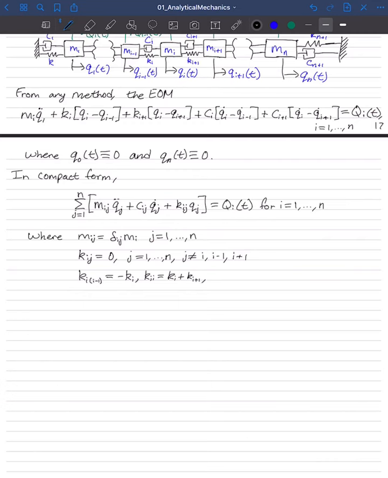And then k_i,i+1, where j is i plus 1, is equal to minus k_(i+1).